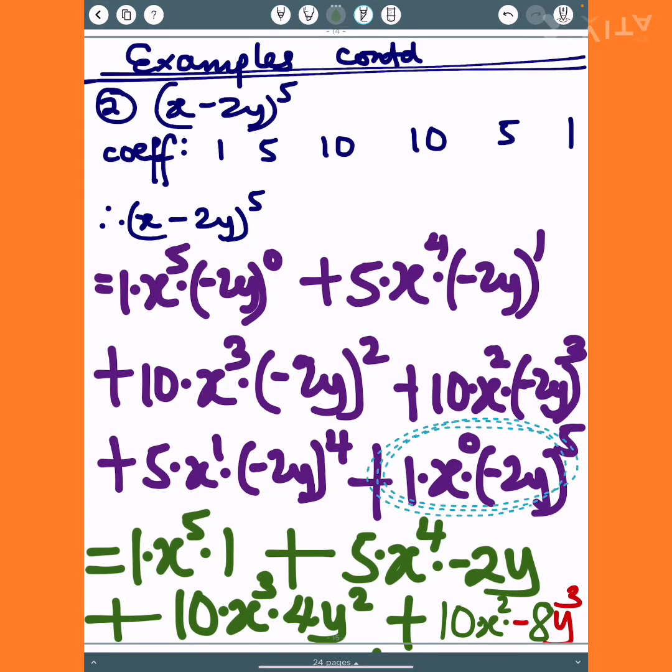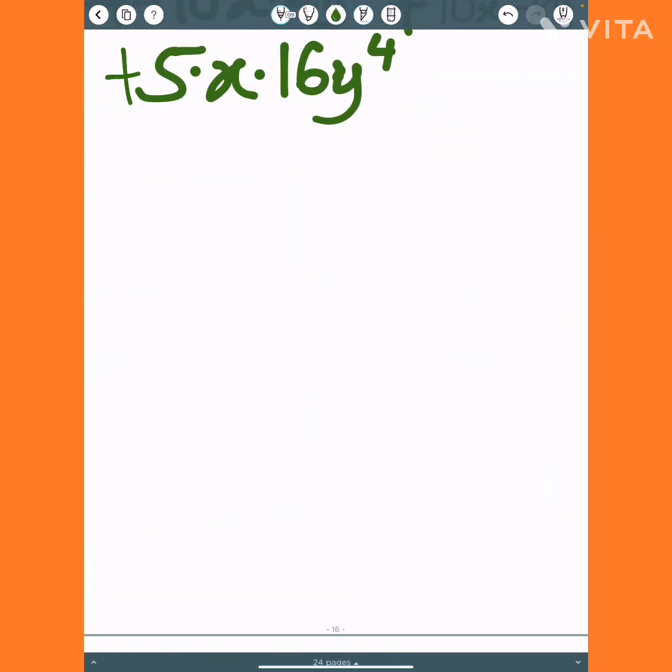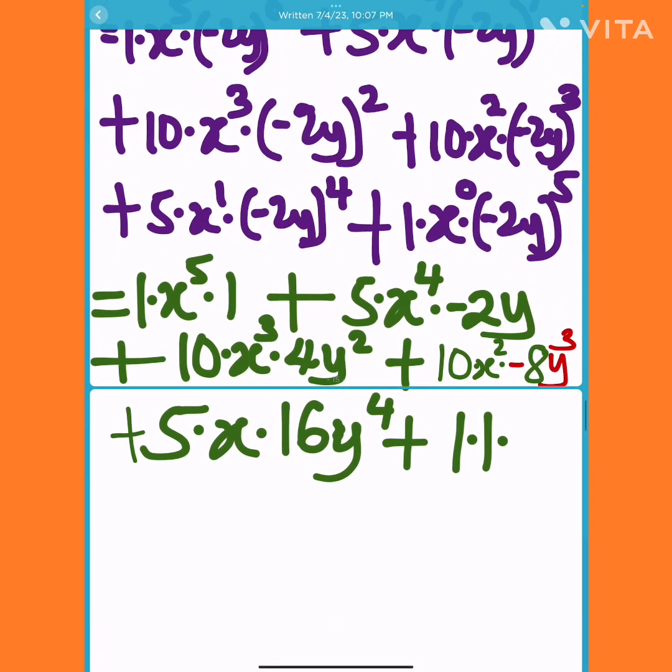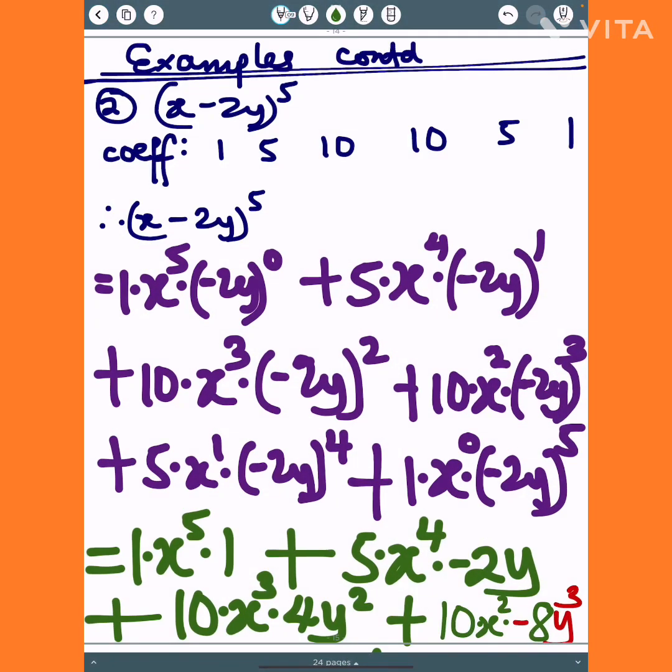This is my last term here. So I'll write my 1. X raised to power 0 is also 1. So let's take it one at a time together. I'll write my 1, 1, the last one needs evaluation. Minus raised to power 5 here.